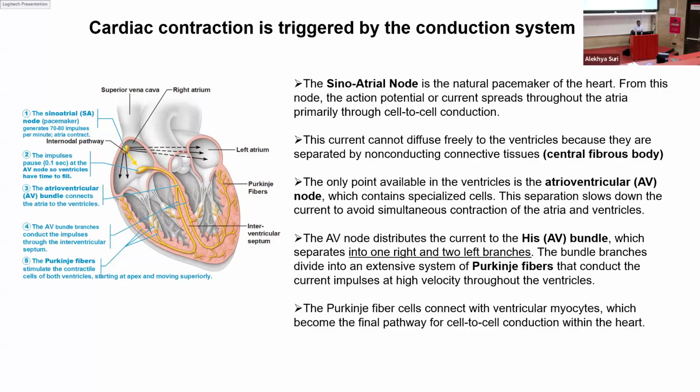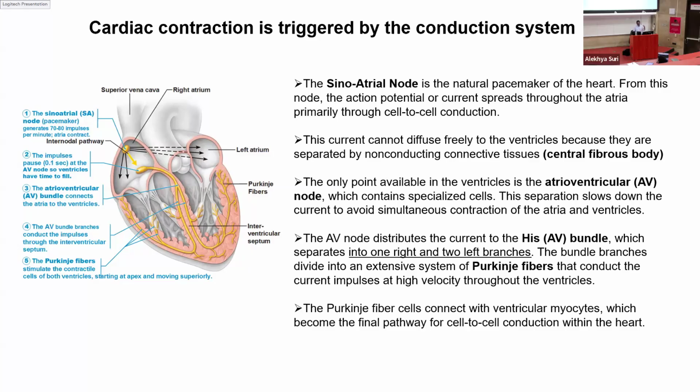There is a central fibrous body, so it will be transmitted to the His bundle, then it goes to the ventricles.